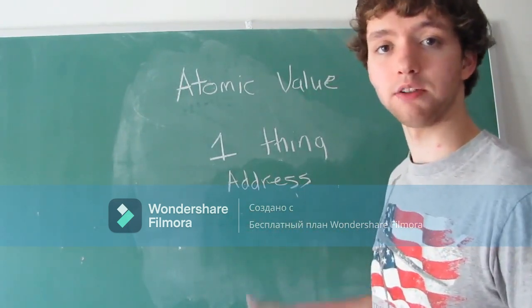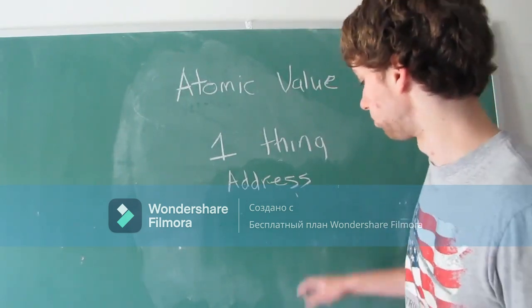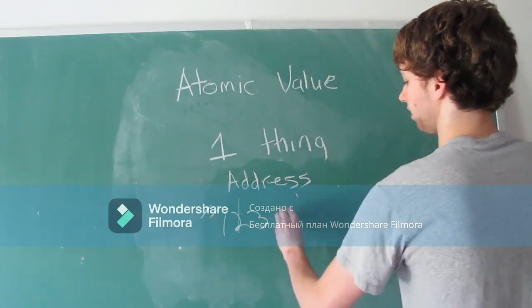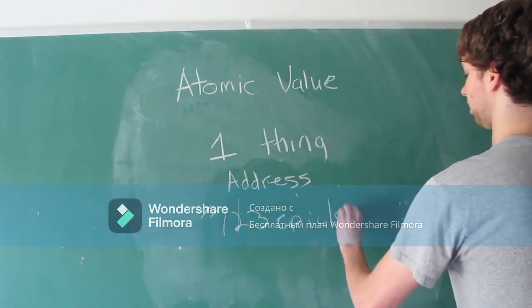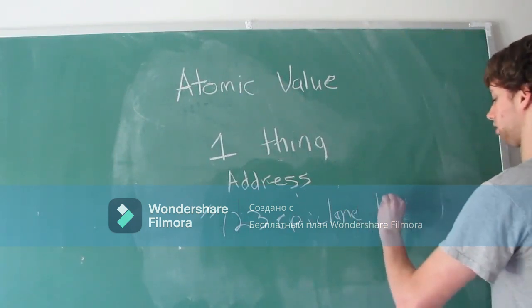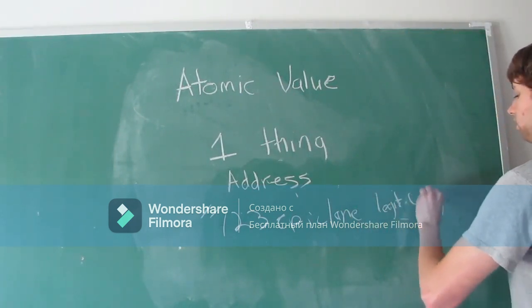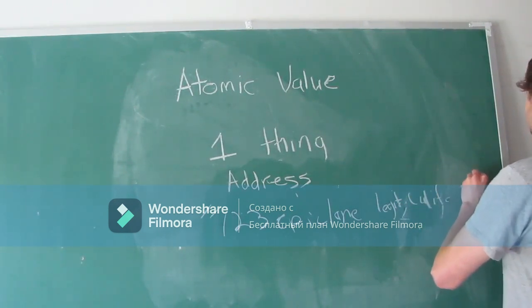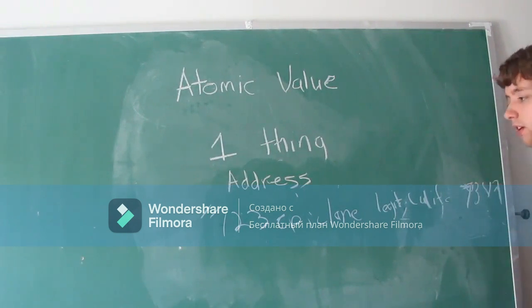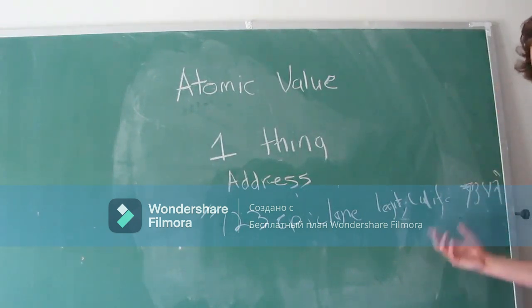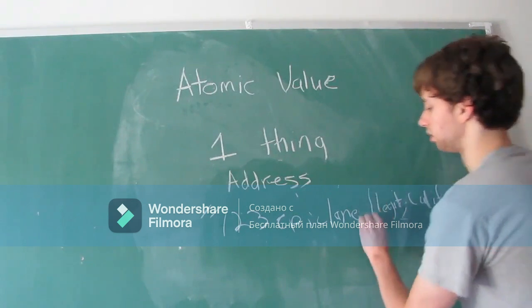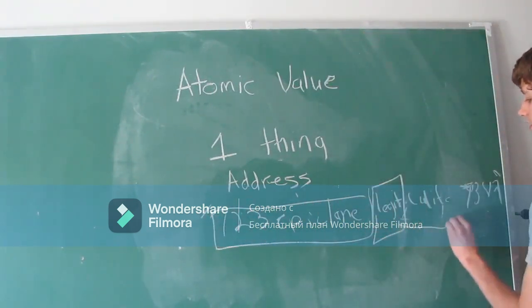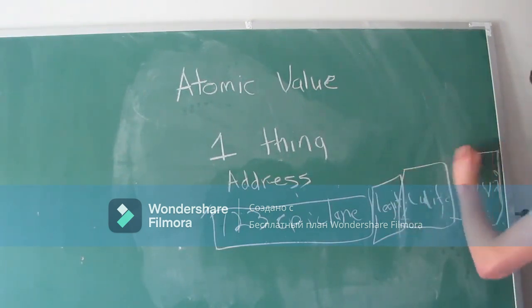So addresses, I often break those up into multiple columns rather than storing one address with 1, 2, 3, Epic Lane, Legit California, 73821. Rather than storing all of that in one column, I break this up into street address, city, state, area code.